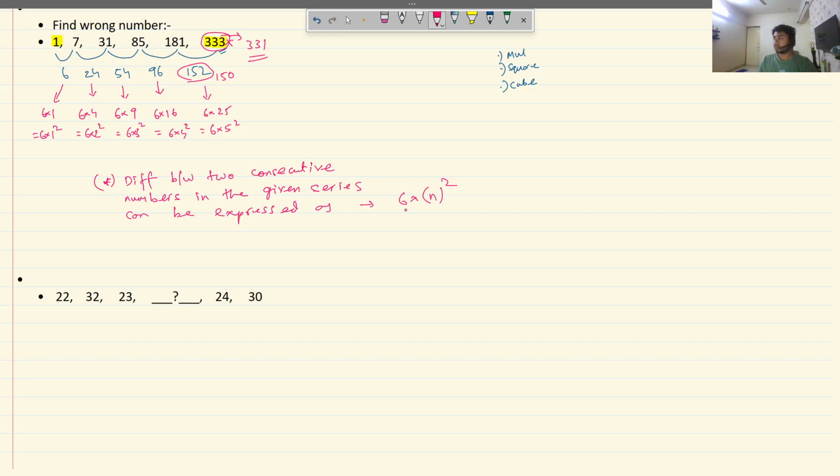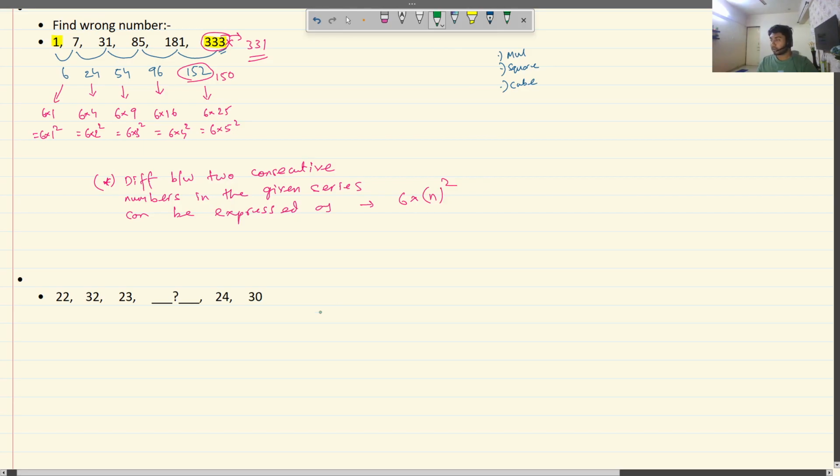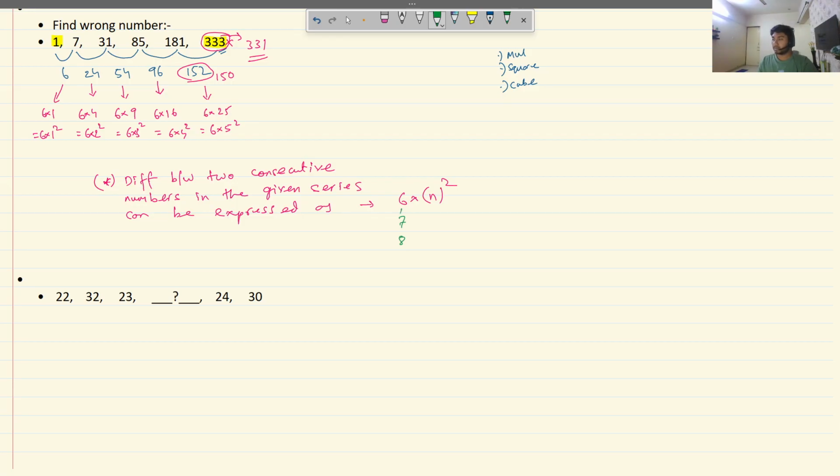So that goes without saying that this is not a hard and fast rule. This can be 7, this can be 8, this can be anything. This number basically can be anything that is a constant multiplied by an integer and its squared or cubes. And this integer may keep increasing, can keep decreasing.